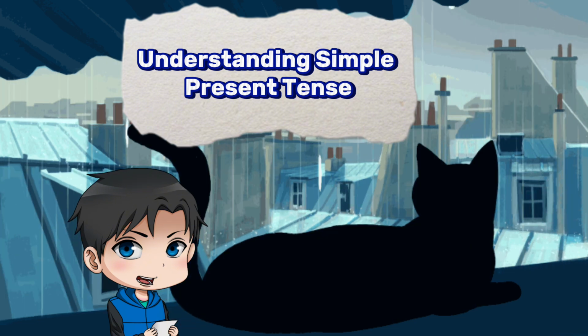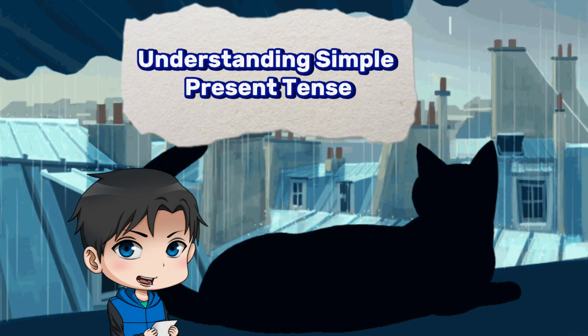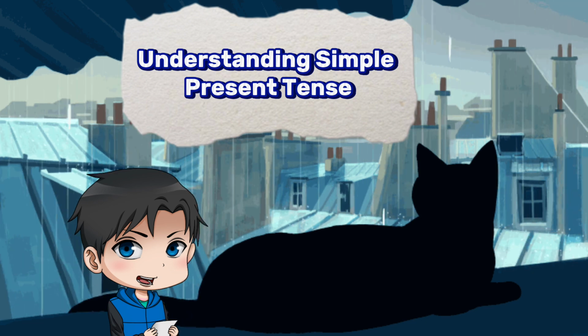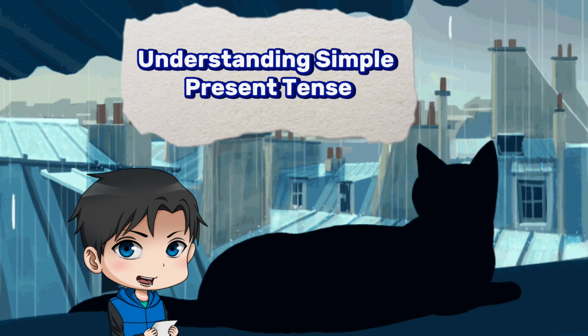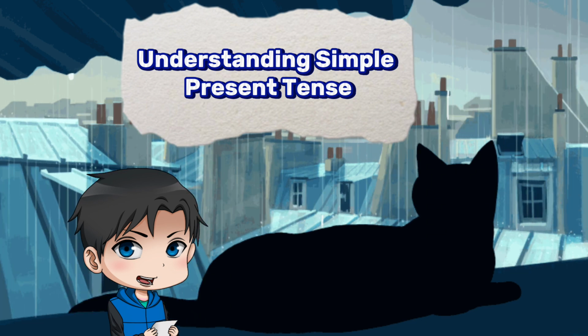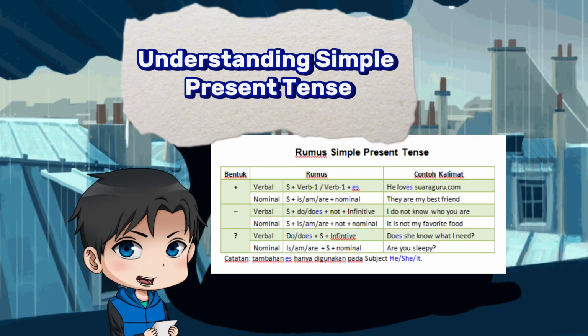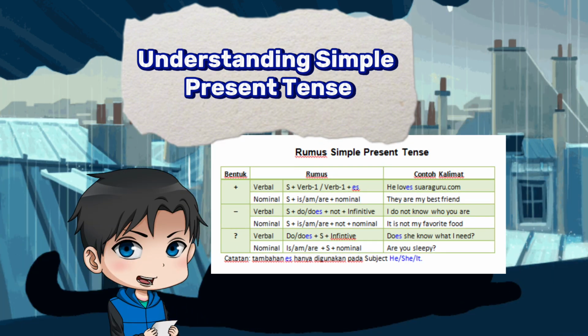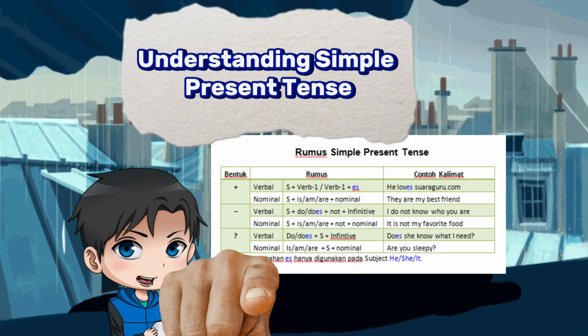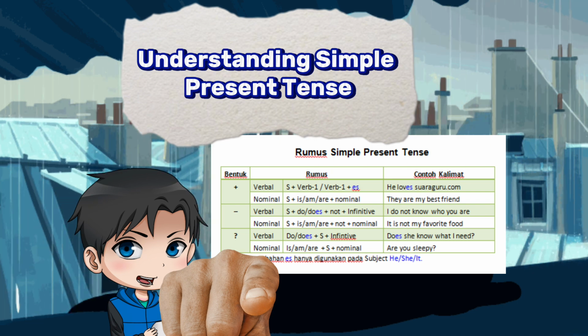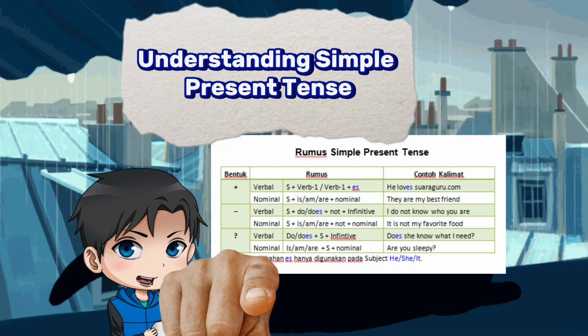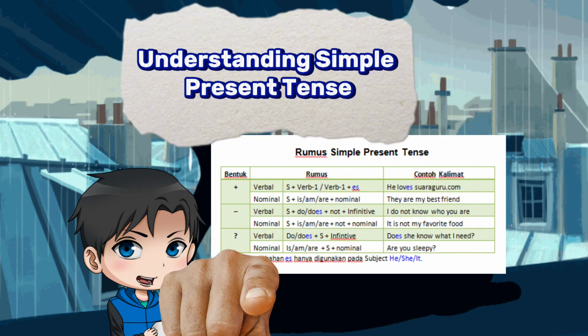So next, simple present tense is divided into two sentence patterns, namely verbal simple present and nominal simple present tense. You have to be careful in analyzing verbal and nominal sentence patterns.